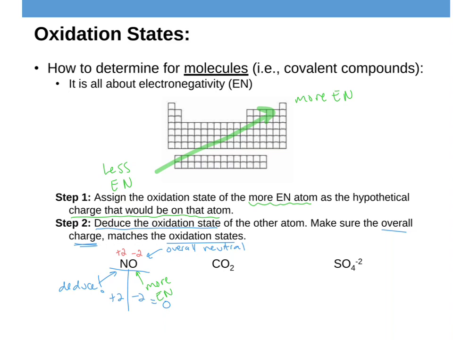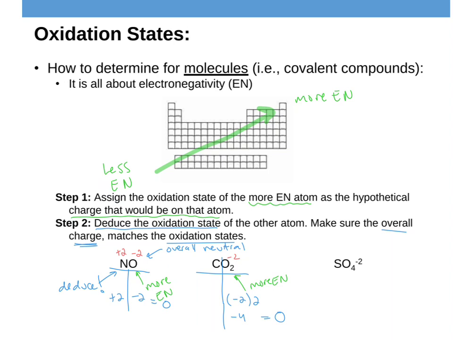If I go to carbon dioxide, I do the same thing. Start with the more electronegative thing. I know those oxygens are -2s, so I have to deduce what the charge on the carbon must be. I have -2 charges on the oxygens, but there are 2 of them, so altogether there's a -4. But overall this has to equal 0, since carbon dioxide has no net charge.